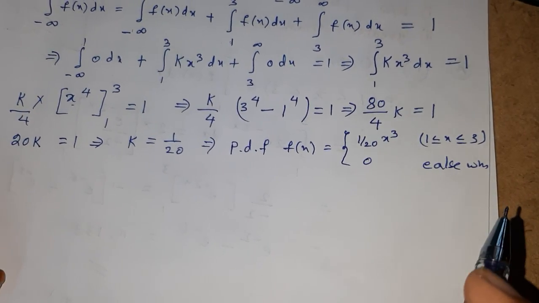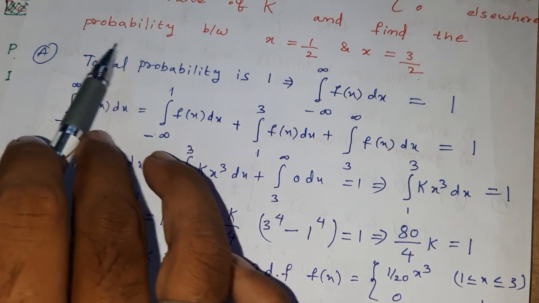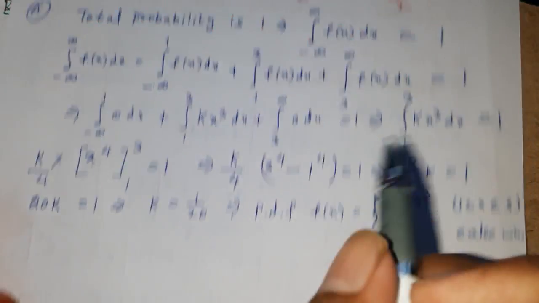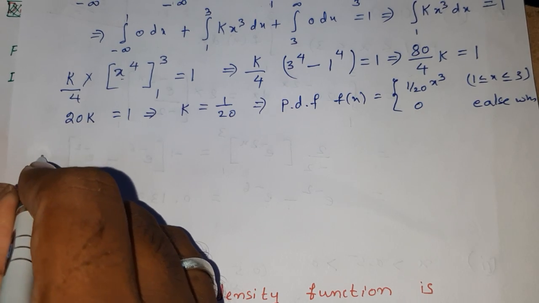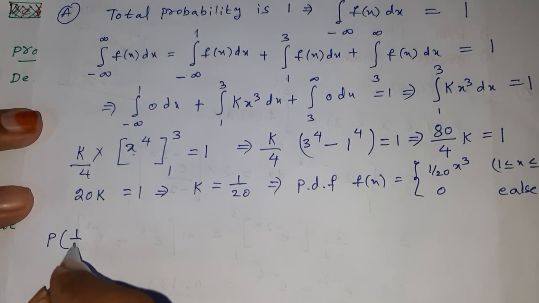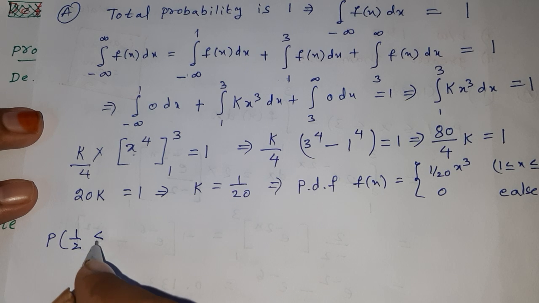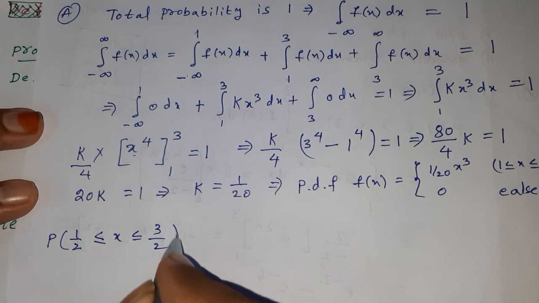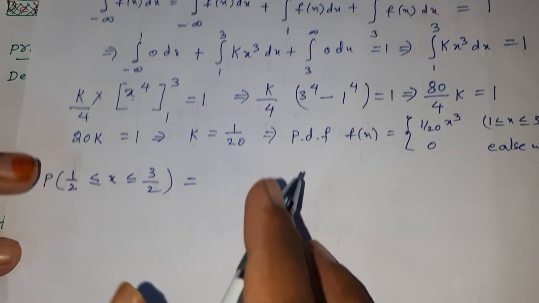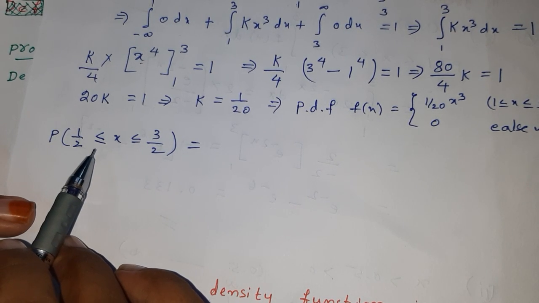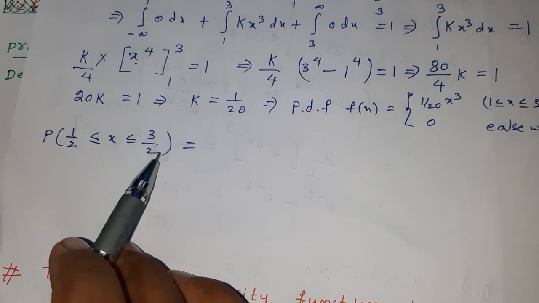Now let us find out the probability within the limits x equals 1 by 2 and x equals 3 by 2. That is, the probability when 1 by 2 is less than or equal to x less than or equal to 3 by 2. In a continuous random variable we can use strictly less than or less than or equal to, both are the same, no problem.